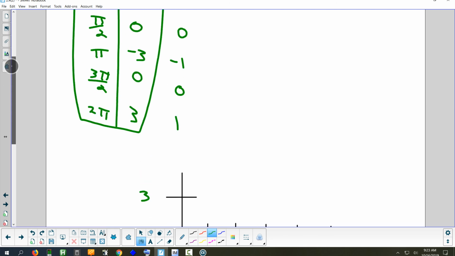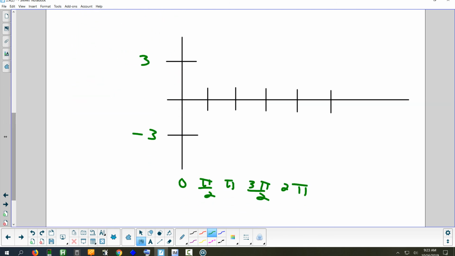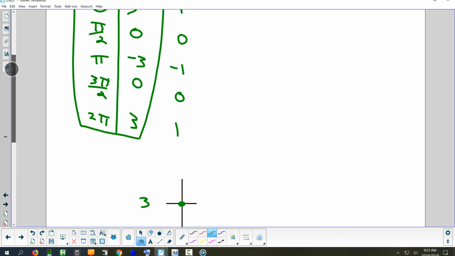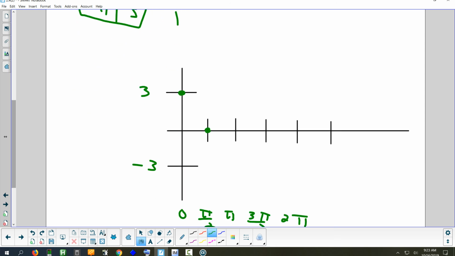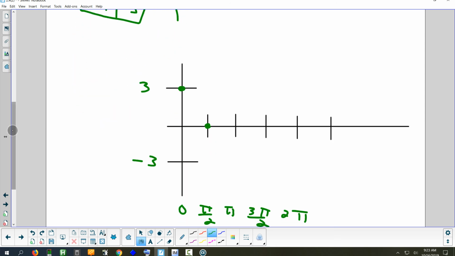Okay, and now plot your points. So we've got 0, 3, right there. Pi over 2, we're at 0. Pi, we're going to be at -3. So right about there. 3 pi over 2, back up to 0. And 2 pi, back to 3. So remember, this is the middle of a wave. So it's not a V. It's like this section right here.